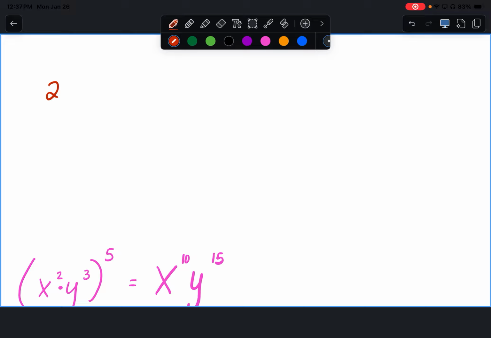Okay? So we already know that 2 to the negative 1 is 1/2. Okay? So if I have the equation 1 over 2 to the negative 1, what did we just get finished saying that 2 to the negative 1 is? So it's 1 divided by 1/2. When you divide by a fraction, what do you do?